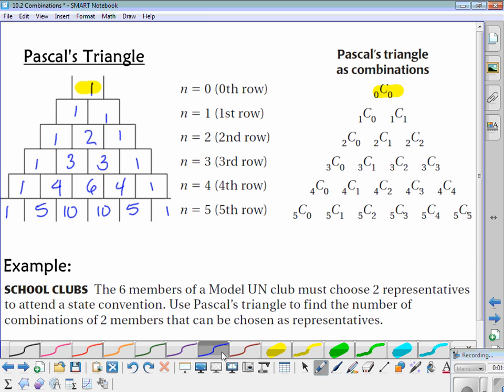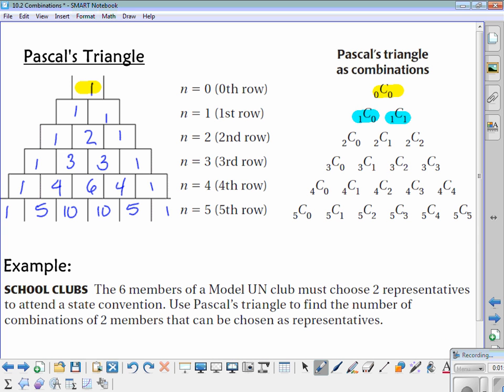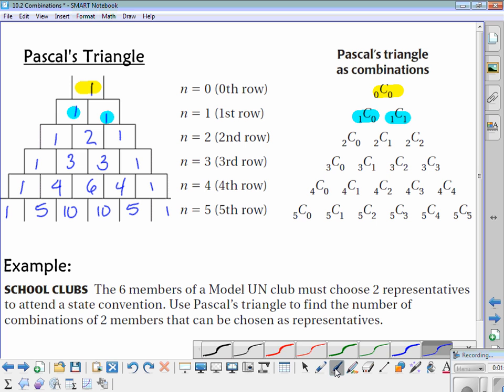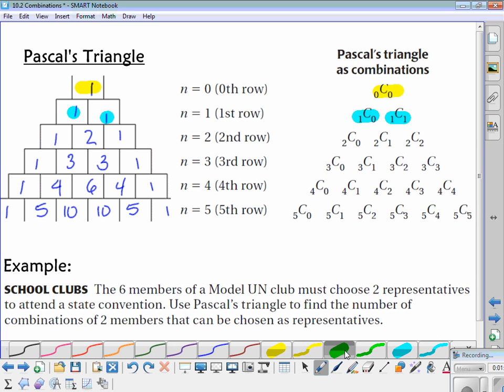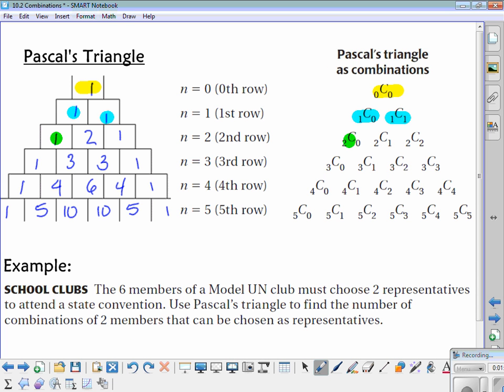And then for my next row, I've got 1 choose 0, 1 choose 1. Those both equal 1. And then the next row, 2 choose 0 is 1, 2 choose 1 is 2, 2 choose 2 is 1. So it turns out that this works out with our combinations.